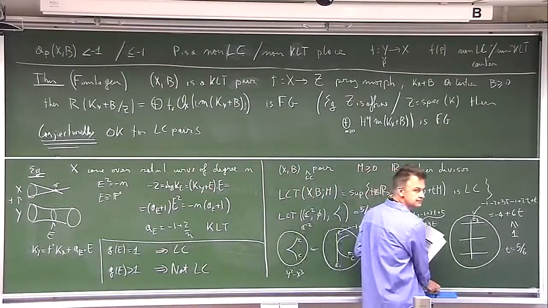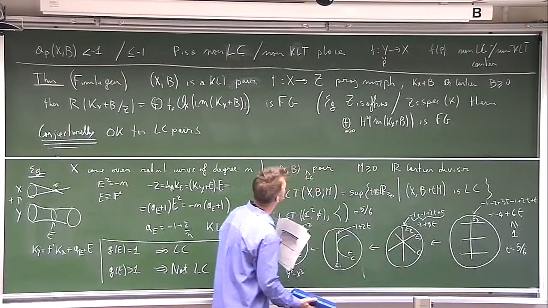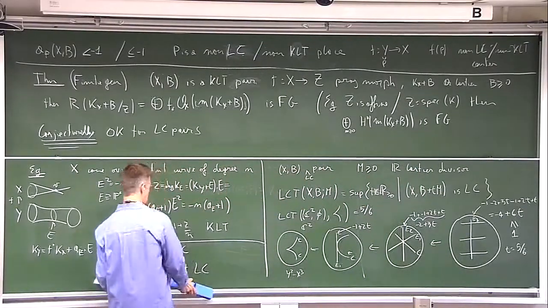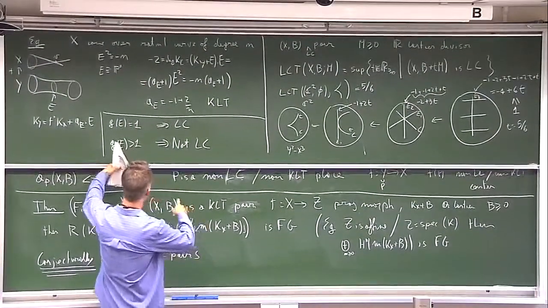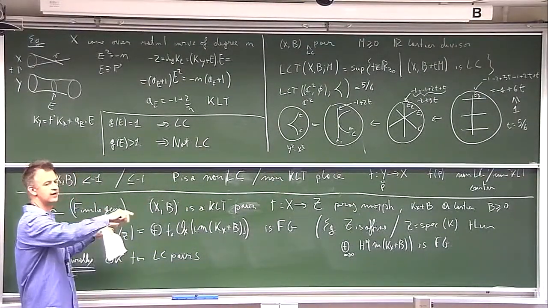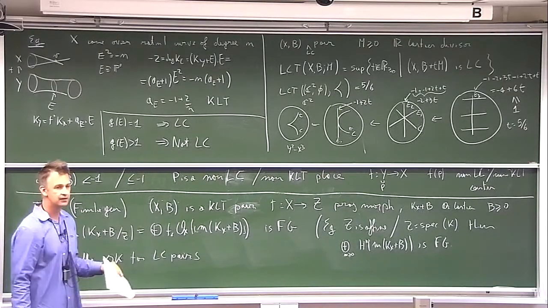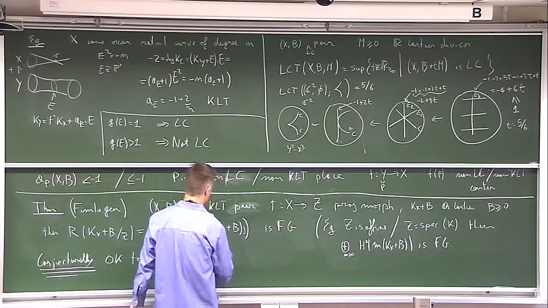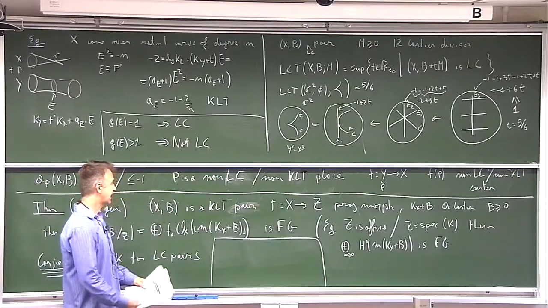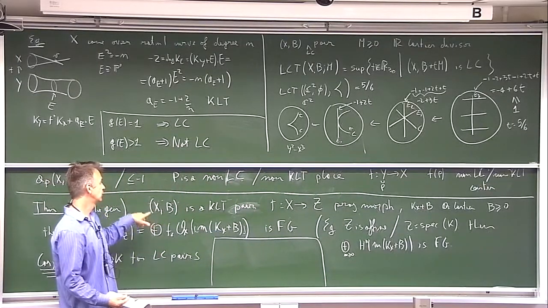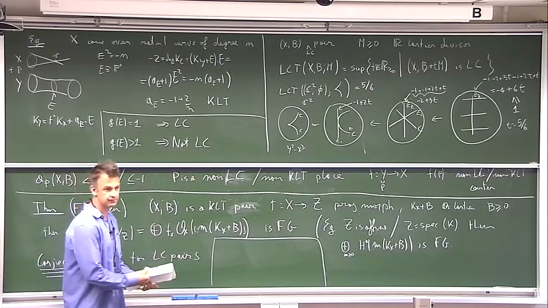Yes? Excuse me, we don't need that K_X + B is big? No. I'm not claiming that I can do flips and divisorial contractions and get a minimal model. I'm just claiming that the ring is finitely generated. There's a technique due to Fujino and Mori that says that essentially you start with any KLT pair and look at the Iitaka fibration.